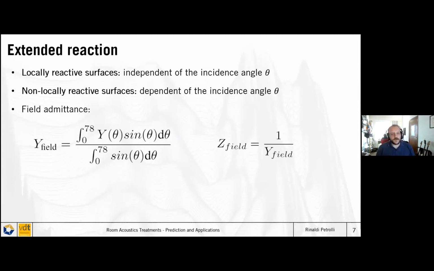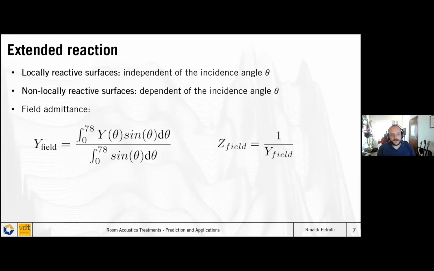Now, you could use Paris formula to do this as well, but this would only be applied to the absorption coefficient, and maybe that's enough. But if you are dealing with numerical modeling, such as Luis was, you actually need the impedance. So Paris formula will not be suited for this, and then you need this formulation.